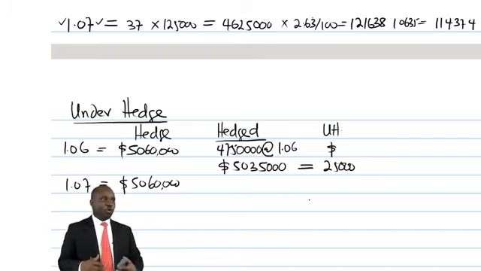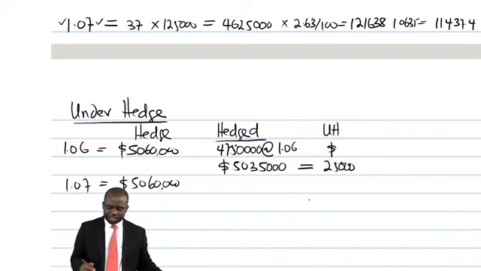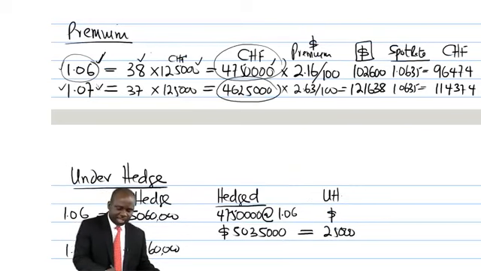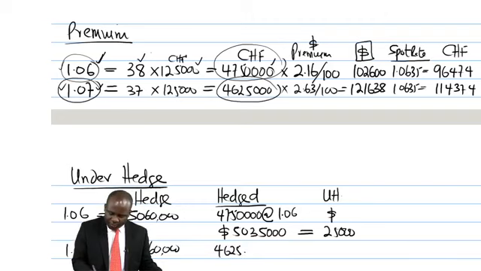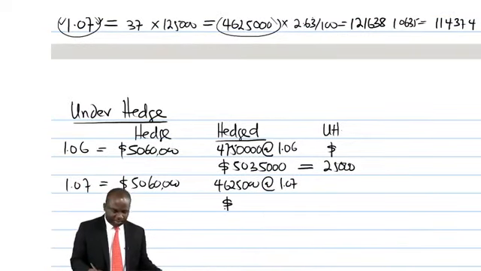You do the same thing for the 1.07. If you can do it for one line, obviously you should be able to do it for the subsequent ones. So here too, the amount we promised to go and give is this. They will exchange it at that rate. So I will say 4,625,123 at the 1.07. How much am I going to get in terms of the dollar?